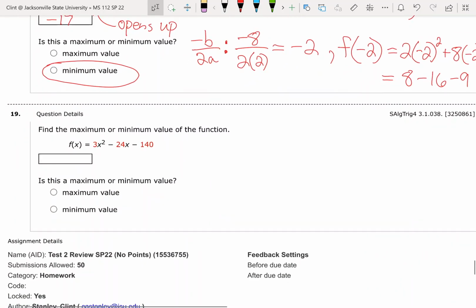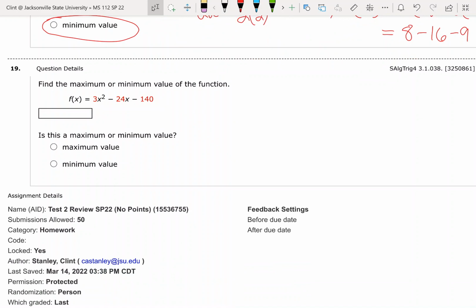Okay. One more, just like it, so we get to practice more than one. First we need negative b over 2a. What's our b on this one?